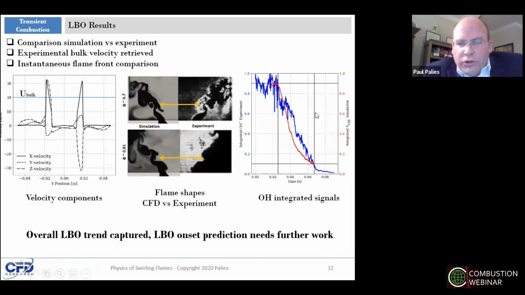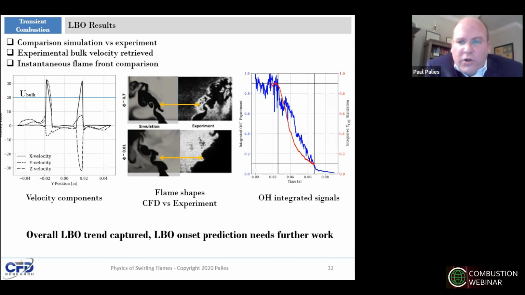Now on the right of this slide, you see the evolution of OH from the numerical simulation in red, and the evolution of integrated OH star in the experiment.